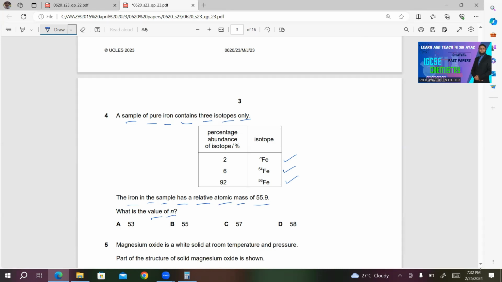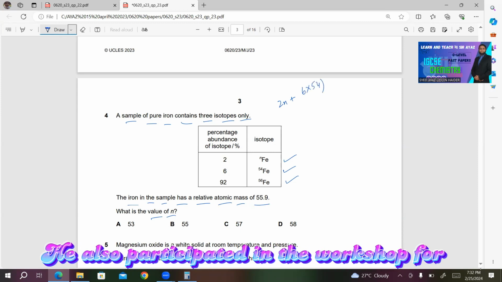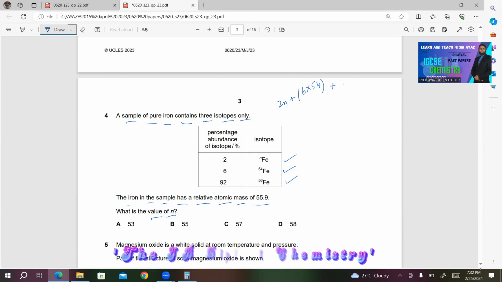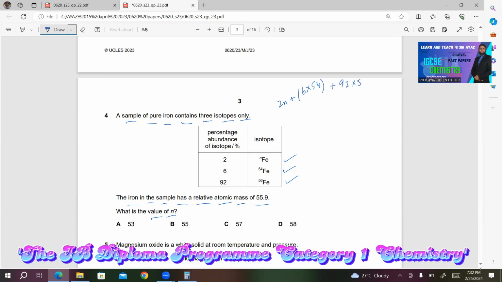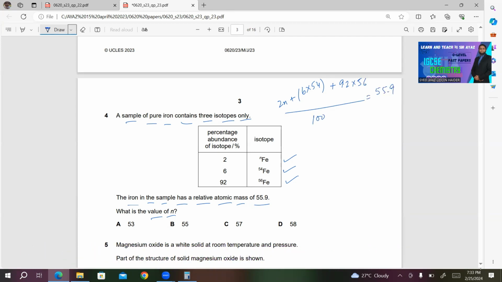You have the isotope N, its percentage abundance is 2, so we will write 2N, plus the percentage abundance for isotope 54 is 6, so you will multiply 6 by 54, plus percentage abundance 92 for isotope 56, so 92 multiplied by 56, all divided by 100. The Ar is given, which is 55.9.